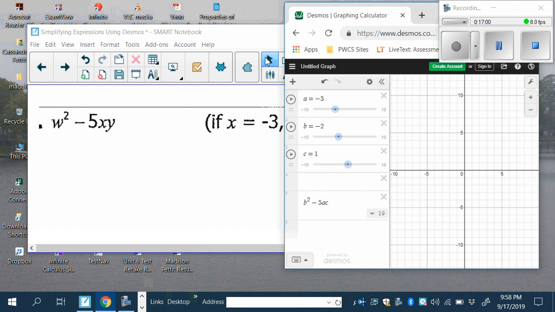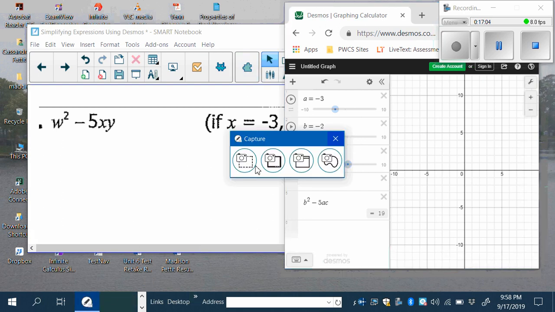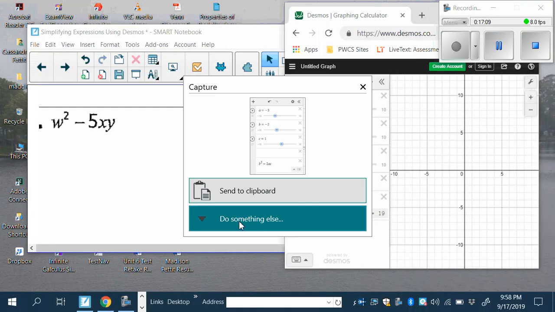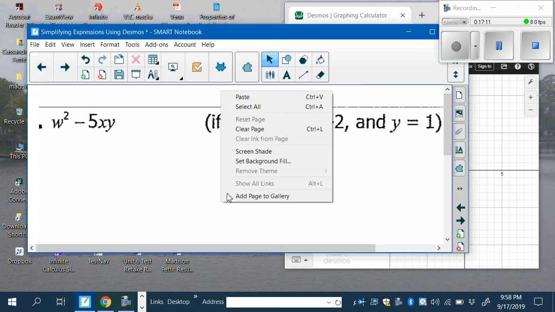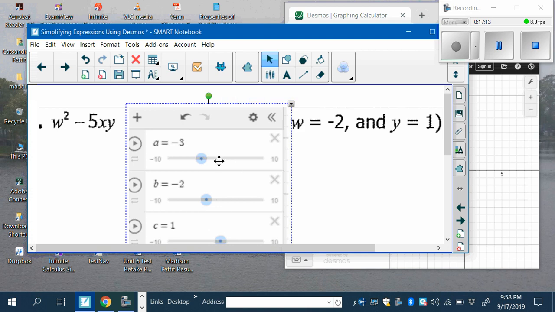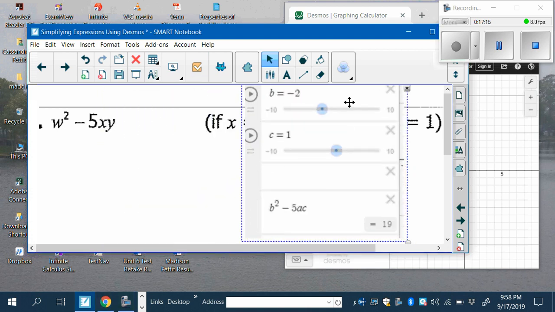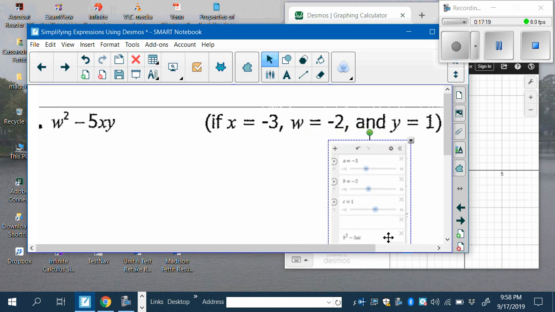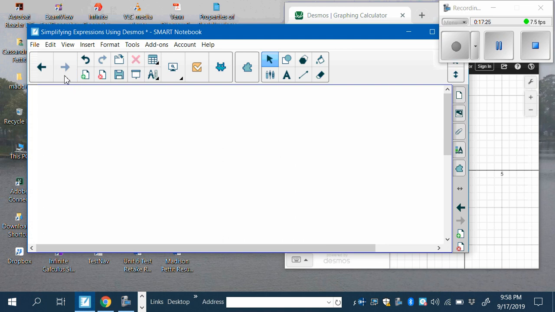Okay? So once again, I really want you guys to try some of these on your own. And make sure that you guys are comfortable using Desmos. I want this to be your primary source of graphing because it really is just a huge tool for you.